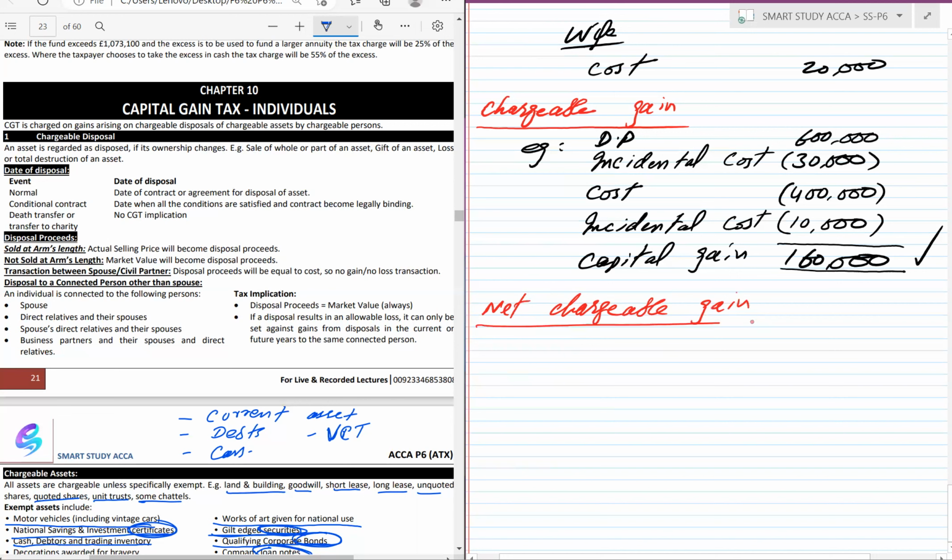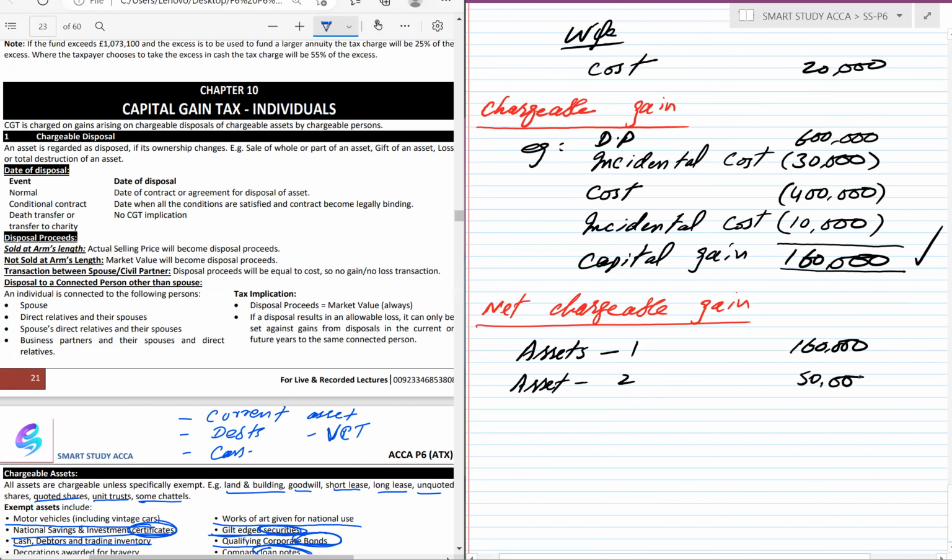Net chargeable gain means that if we have a loss on one asset and a profit on another, we net off these profits and losses. For example, on asset one we have a profit of £160,000, and on asset two we have a loss of £50,000.